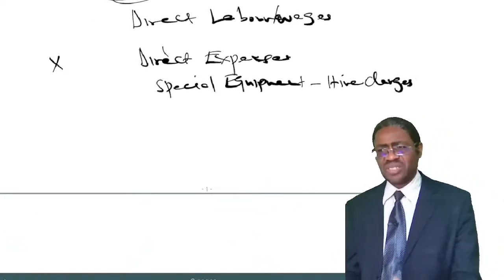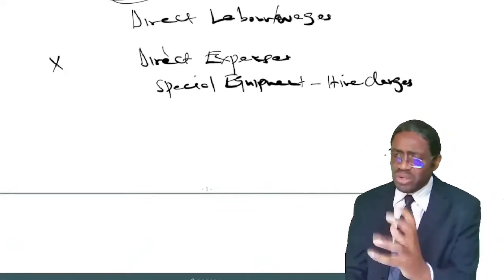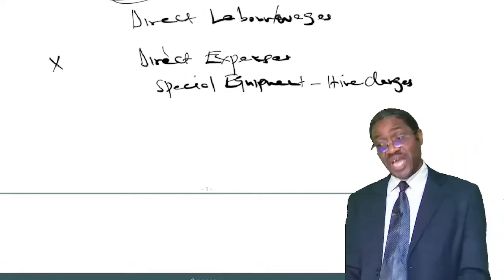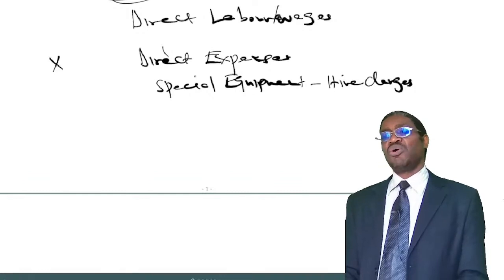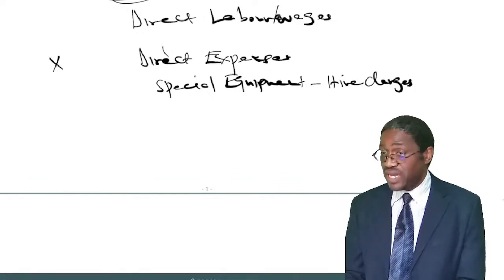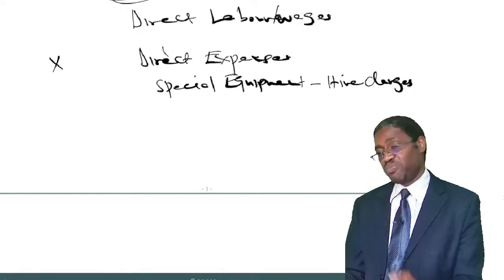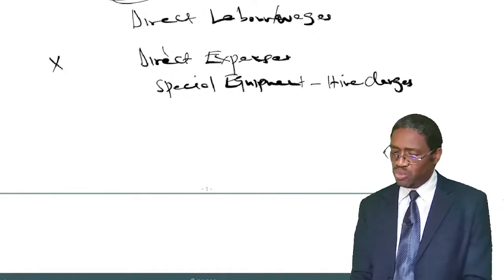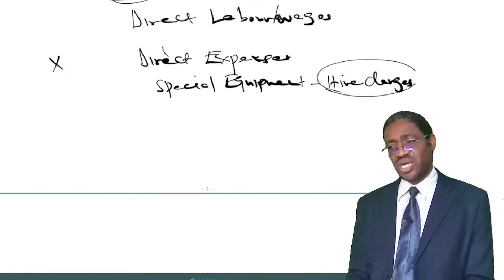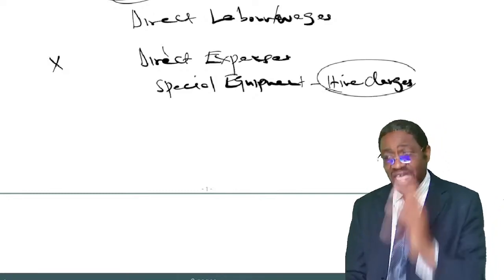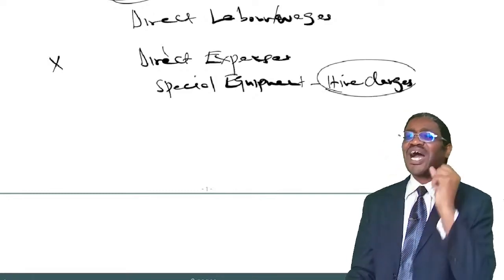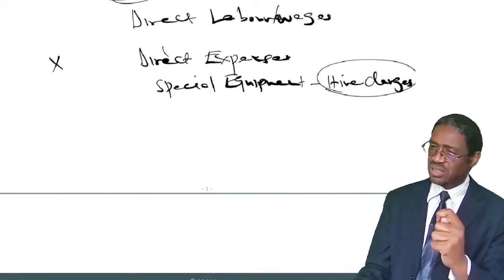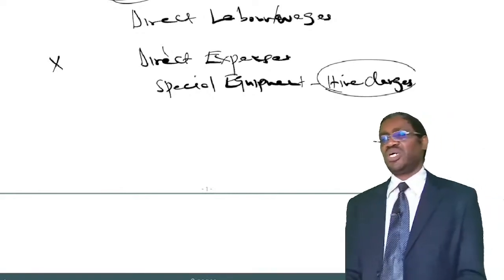It is obvious, therefore, that if you don't get this special equipment, you can't manufacture that product called X. Therefore, for you to get this special equipment, you need to pay what we are calling hire charges. So, hire charges now becomes an example of an expense that must be incurred in order to manufacture this product called X.